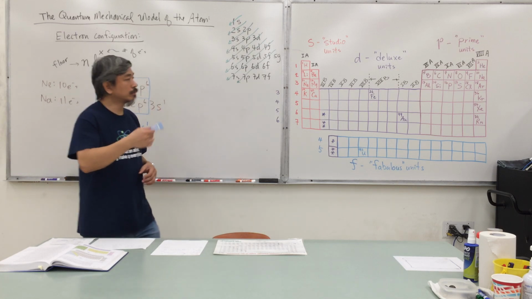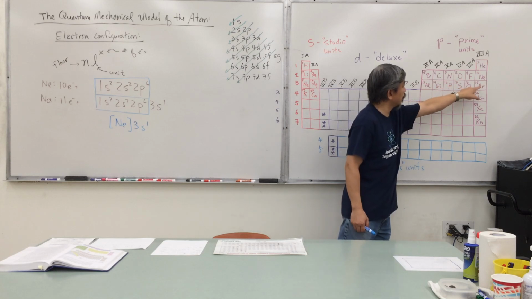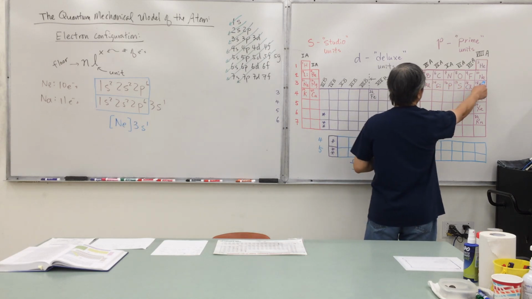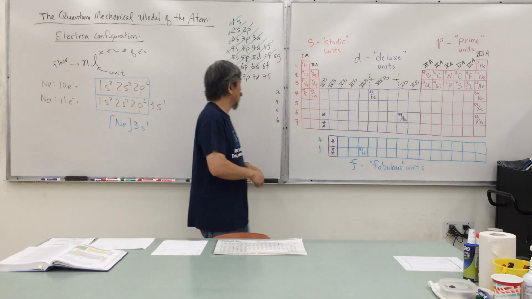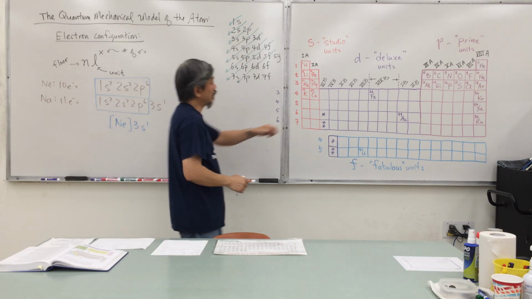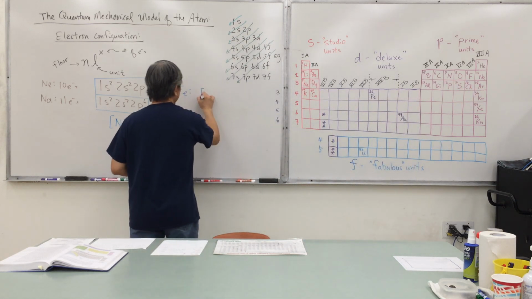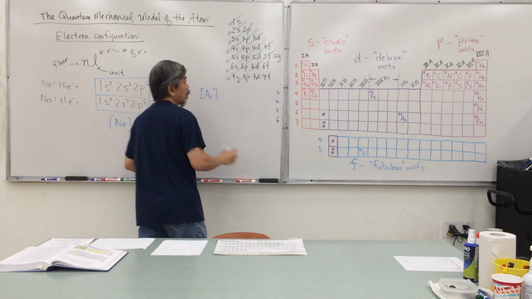Nearest previous. So for iron 26 here, its nearest previous noble gas neighbor would then be what? Argon right over here. So the other way that I could have written iron would be, if here's iron right here, its nearest neighbor is argon, you can then put argon over here, Ar, and then from there, where do I go next?